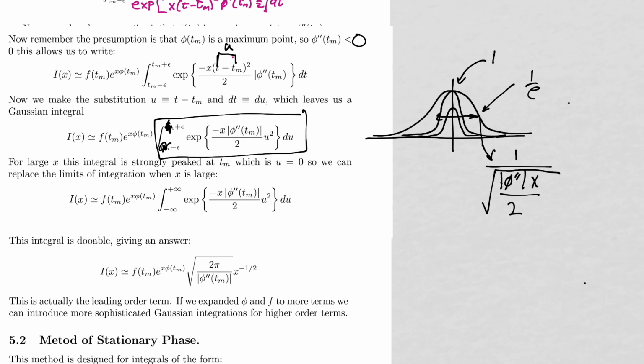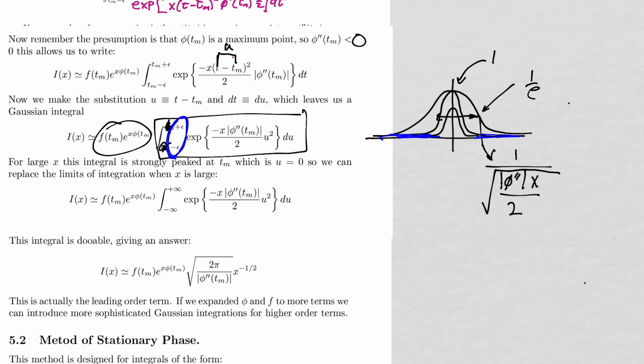So for large x, this really is picking out this value out of the integrand. The contribution away from it is really, really small, so I can say that I'm dealing with some small interval around 0 in the case of u, or around the maximum in the case of t.